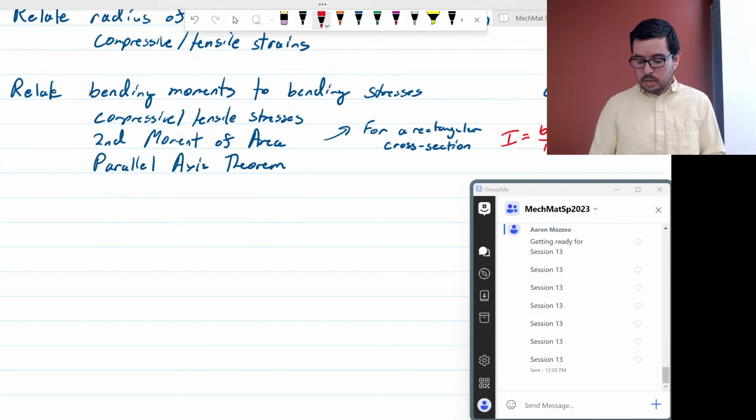So that's another equation, and then the parallel axis theorem is another one.